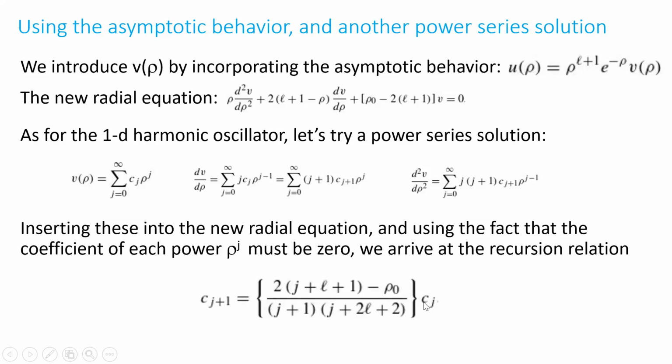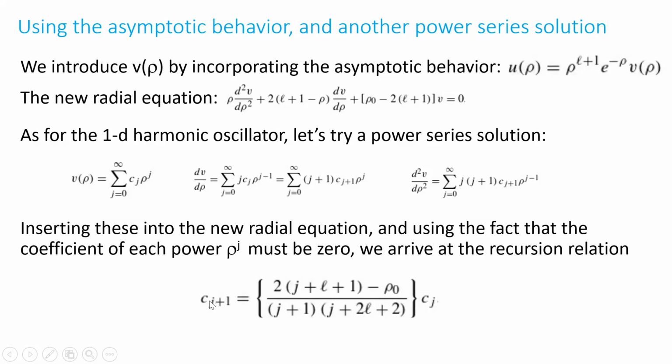So this would tell us, if we started out with a given c0, just a first coefficient, which would be a constant since rho to the 0 is 1, and we know the value of L and rho naught, we could get (j plus 1) c_(j+1) just by plugging into this equation.